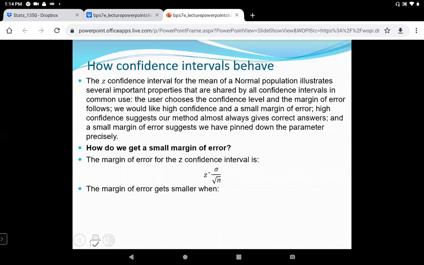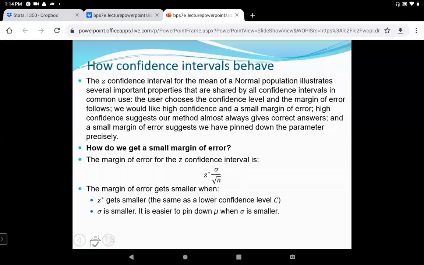The margin of error gets smaller when Z star gets smaller, the same as a lower confidence level. So the lower your confidence level, the smaller Z star is, because you're very closely tight around your mean in the middle.